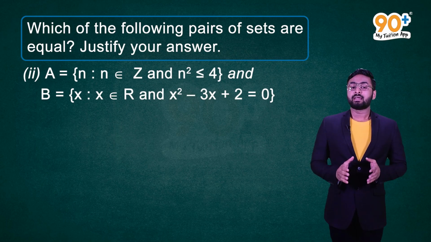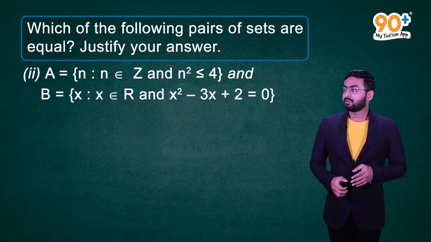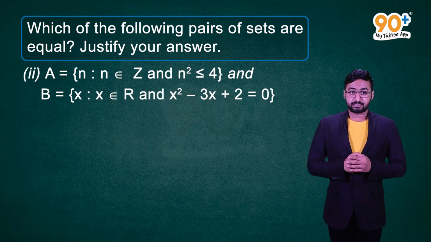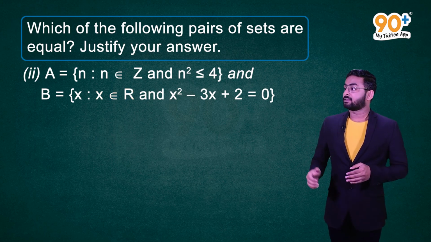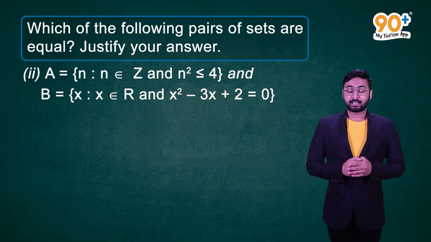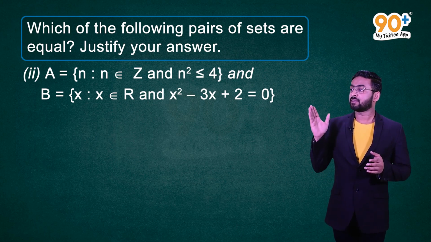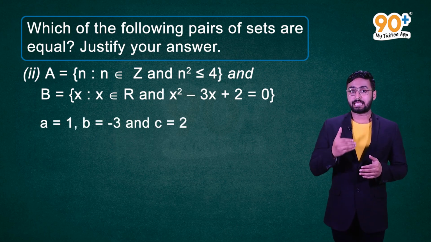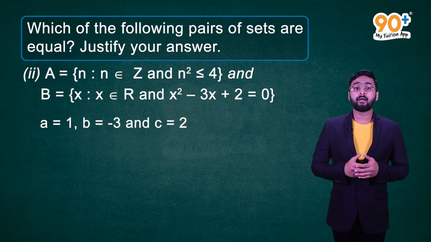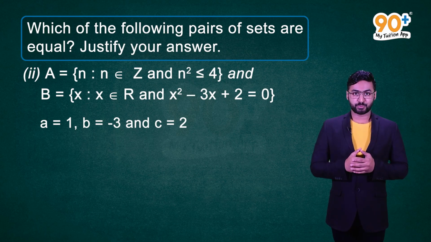Now let's take a look at the next set B. Here the condition given is x belongs to the set of all real numbers and x square minus 3x plus 2 is equal to 0. Here we can see that this equation is a quadratic equation, where a is equal to 1, b is equal to -3 and c is equal to 2.